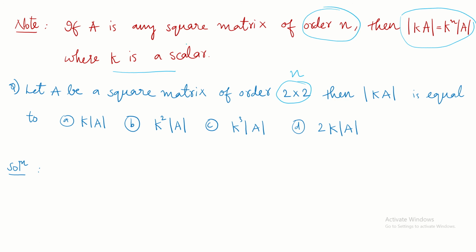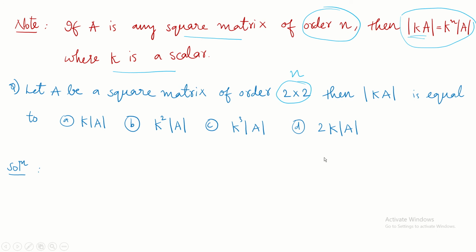That is, it should be a square matrix, 2 by 2. Then determinant of kA is equal to, this n should take the value of the order of the matrix. So here the order of the matrix is 2.